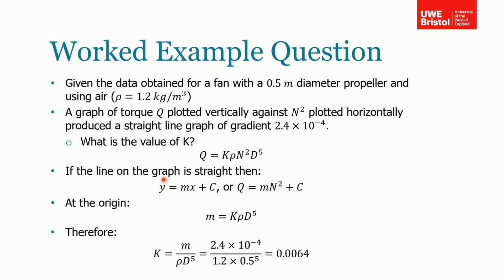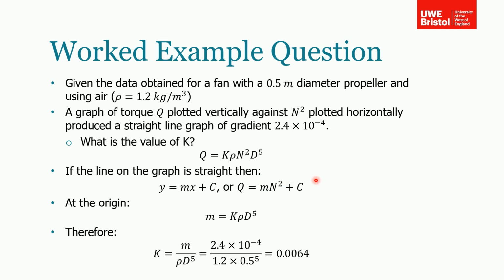Well, if this forms a linear relationship, which we expect it would do based on what we have here, then the general equation for a graph with a straight line is y is equal to the gradient m times x plus a constant. So we can write this as Q is equal to m n squared plus c.